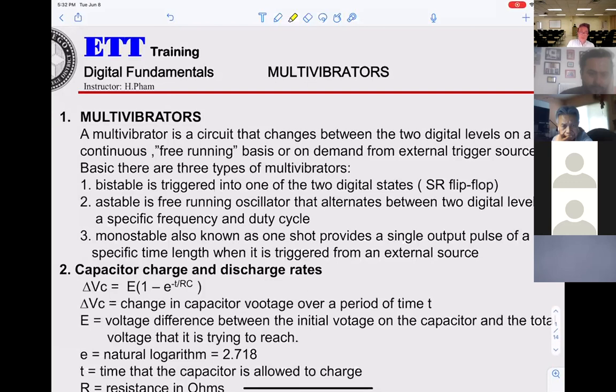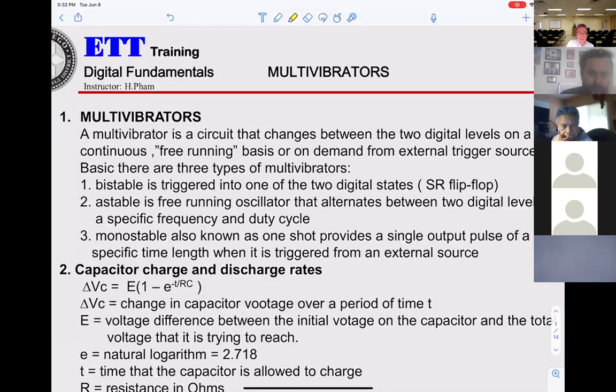I will go over the flip-flop quickly. The second will be astable, that means a free running oscillator. And the last one, monostable, that will be a one shot. That gives a single output pulse of a specific time length when triggered from an external source.